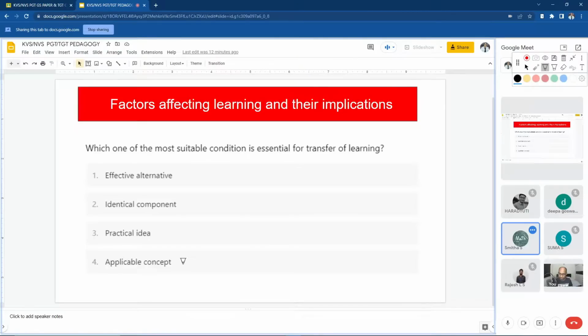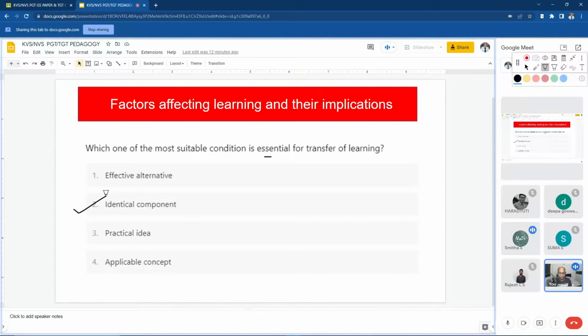Practical idea. Okay, we'll go with the answers. The most suitable condition essential for transfer of learning is identical component. Whatever you are teaching and whatever the child understands or imagines, if both are identical in nature, then the child can easily understand.